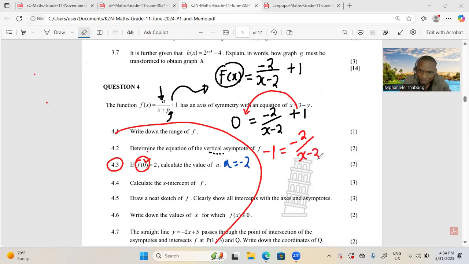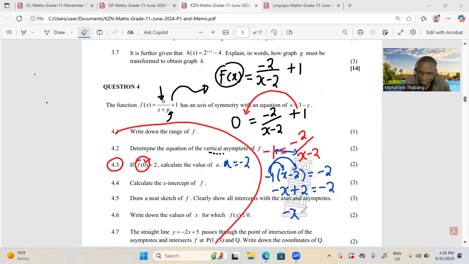Then you cross multiply. Negative 1 times x minus 2 equals negative 2. Now you have negative 1 times x, negative x, negative 1 times negative 2, positive 2, equals negative 2.